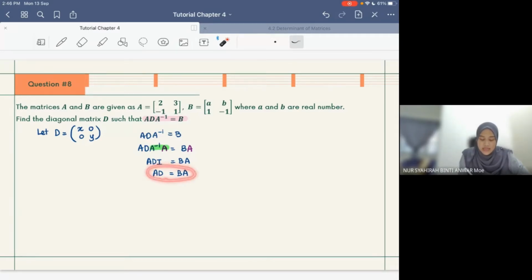Dan sekarang ni kita akan gantikan A dengan matrix A, B dengan matrix B. So D ni gantikan dengan apa yang kita ada dekat sini lah.